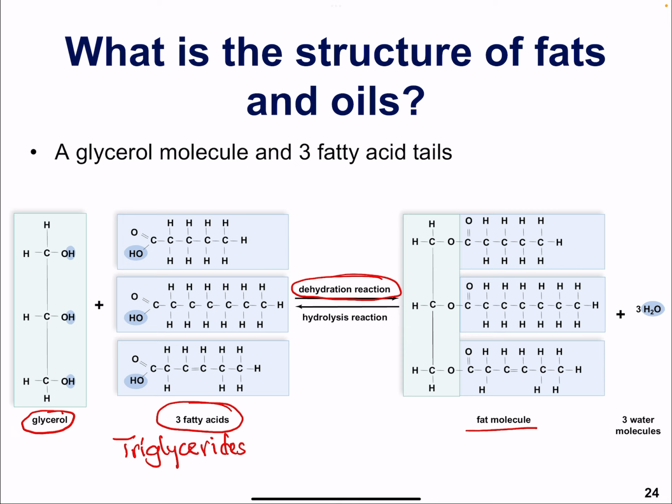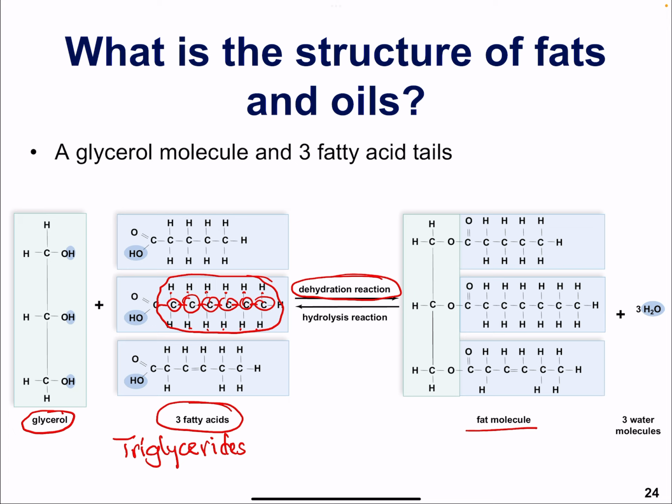Now, what is really the difference when we talk about saturation and unsaturation? Well, when you look at this fatty acid right here, from one carbon to another, they are connected by single covalent bonds. And every single one of these carbons has hydrogens attached. So you can see hydrogens attached to these carbons.